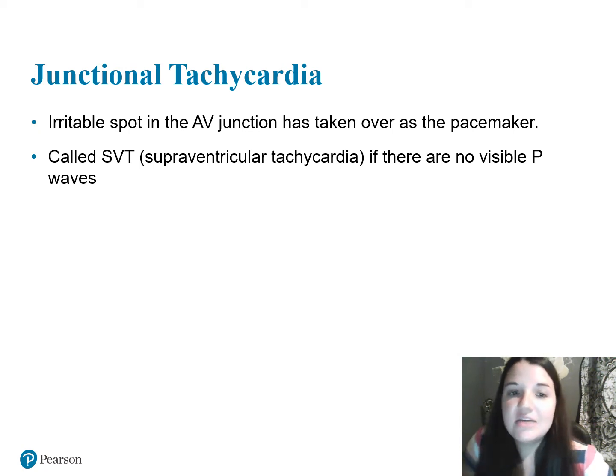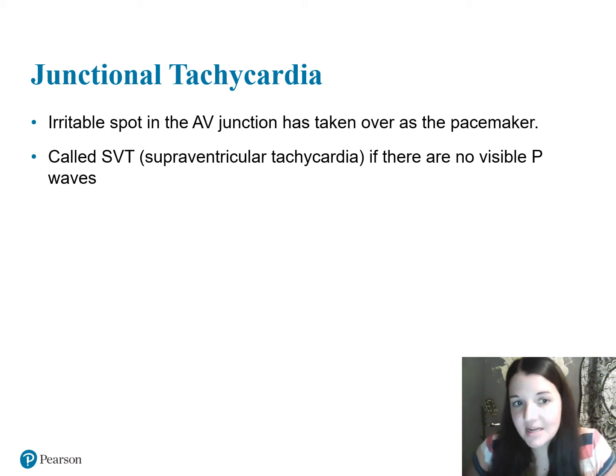Now notice the irritable spot in the AV junction has taken over as the pacemaker. Also notice, remember we talked about that SVT could be coming from your sinus, could be coming from your atria, or it could be coming from your ventricles. It's unknown. If there are no visible P waves and we are more than 100 beats per minute, it could be called an SVT.